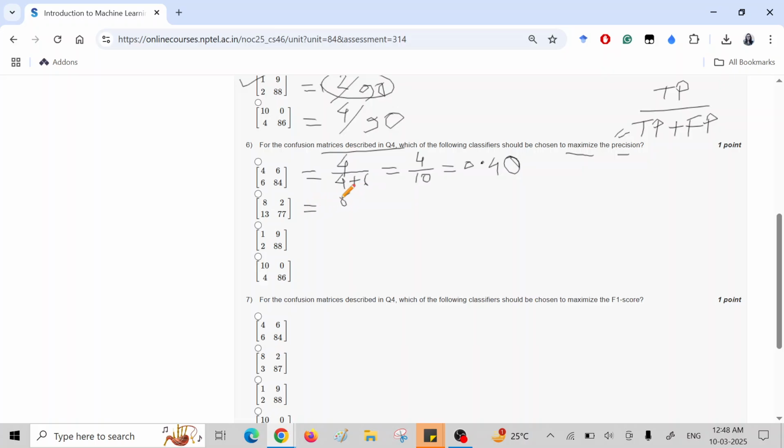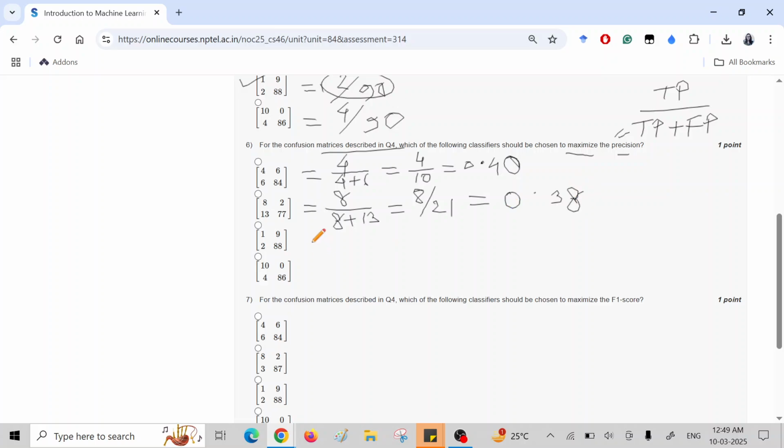Then for the second one, 8 upon 8 plus 13, which is equal to 8 divided by 21. Okay, so this comes as question number 6. 8 upon 21 is 0.38.